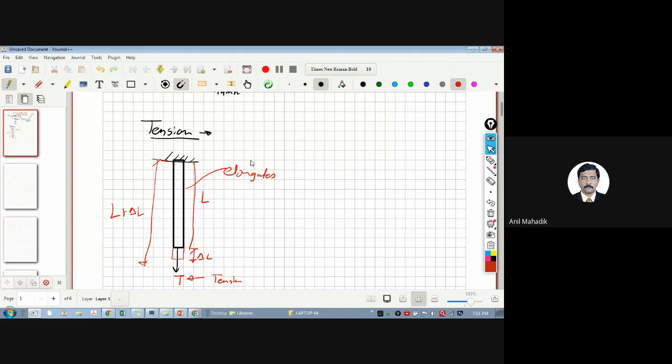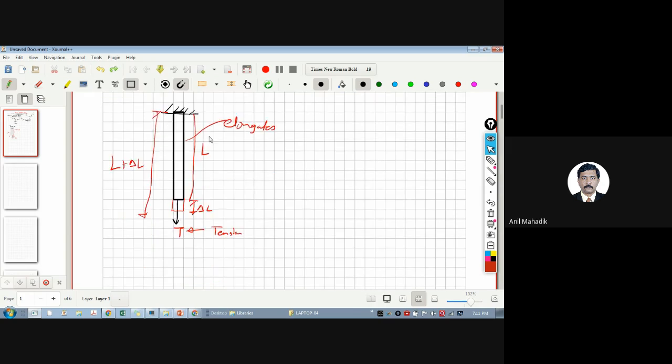Now, let's say the cross section of the member is square. If you see the cross section like this, then you say the square. The square has some dimension B and dimension D. Now let's say this material is steel.